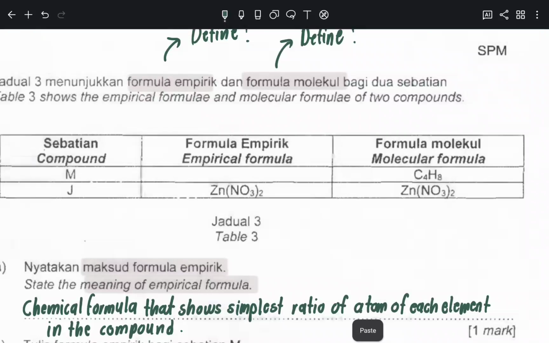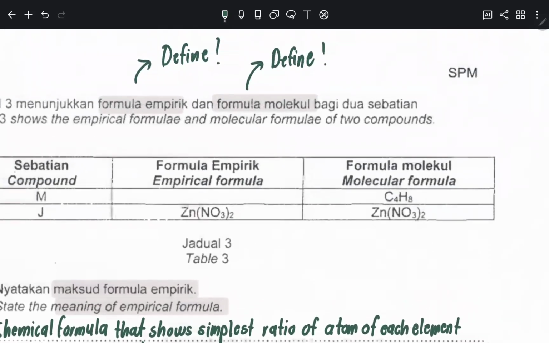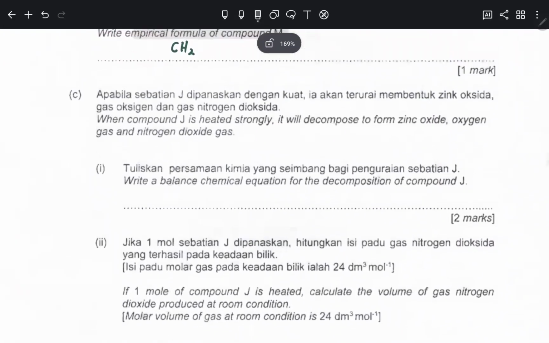So I divide both of that by 4. So I end up with CH2. Understand? This is just a normal calculation of dividing by 4. So 4 is C, 8 is 2, so CH2. Okay, done. Then moving on to our last question.